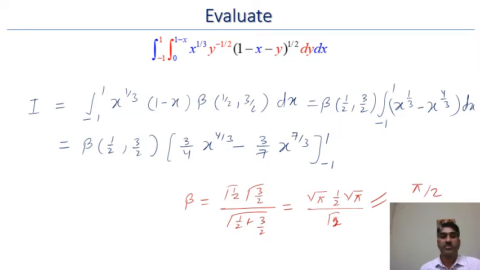So what we finally get is I is equal to pi by 2, and then put the values. You can take this 3 common from inside the brackets, so we will get 3 pi by 2, and then inside the bracket 1 by 4 x to the power 4 by 3 minus 1 by 7 x to the power 7 by 3, and the limit still remains to be put.